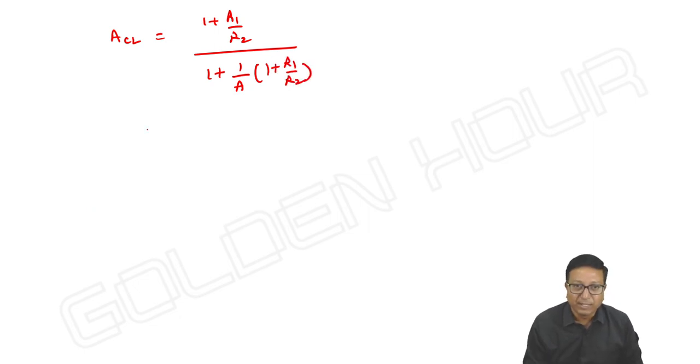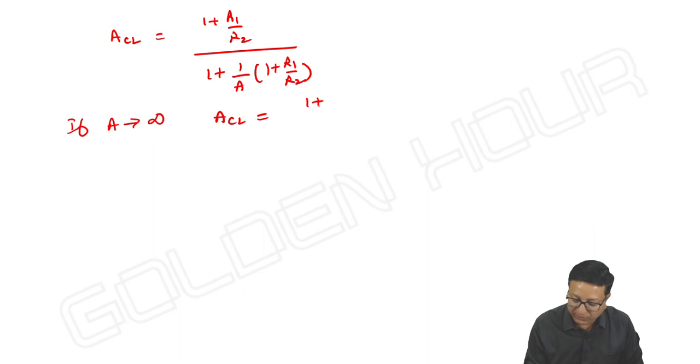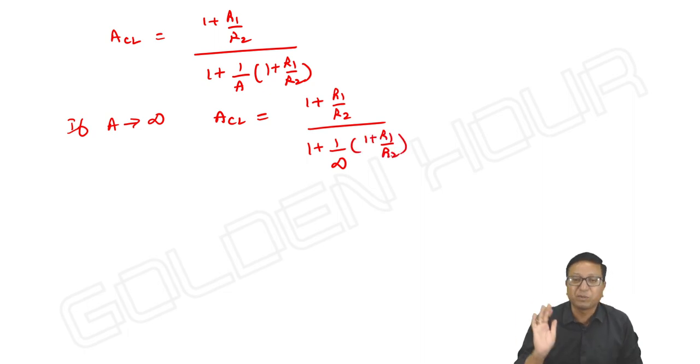We know that. Now, if A is tending towards infinity, then closed loop gain is equal to 1 plus R1 by R2 by 1 plus 1 by infinity multiplied with 1 plus R1 by R2.